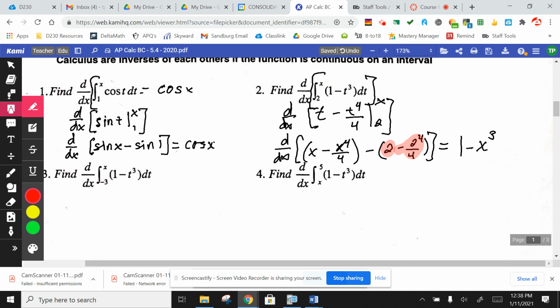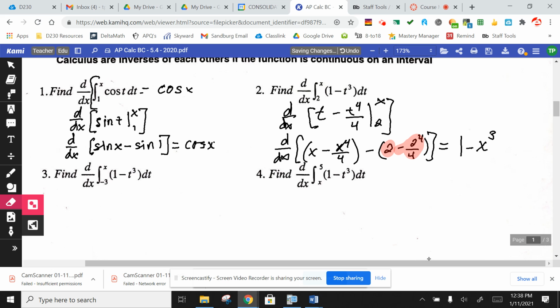It's all going to go away. So all we are left with is this as our answer. So if I now go back to the top, this is a room full of smart people, room / virtual room. What we just got this answer to be is 1 minus x cubed.